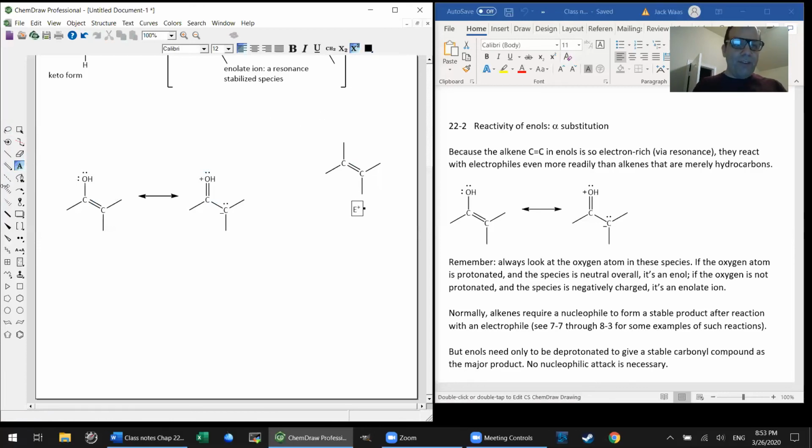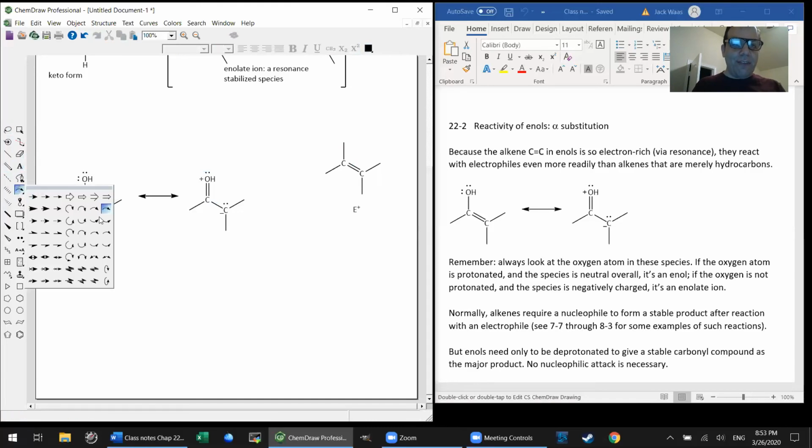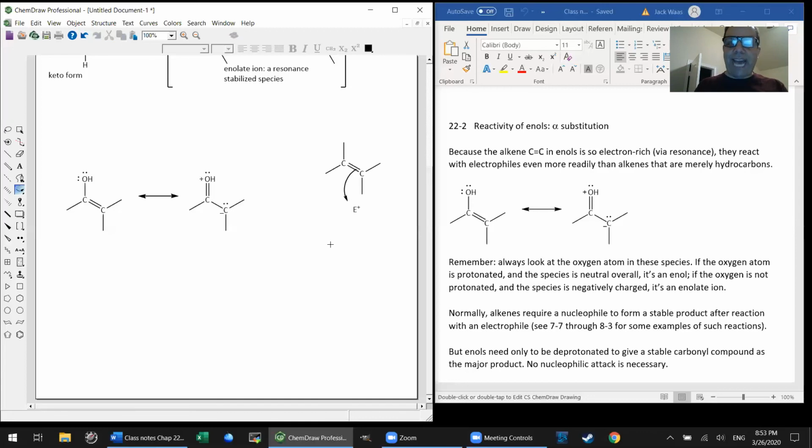We had one or two whole chapters on that. That was back in chapters 7 and 8, and then really actually chapter 9 also. That was alkynes instead of alkenes. But we know that alkenes can attack electrophiles. We saw many, many reactions of that type. And in so doing, we'll in general get a carbocation intermediate that then needs to be attacked by a nucleophile.